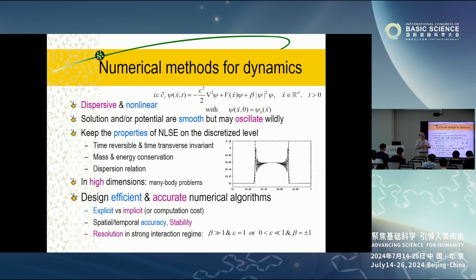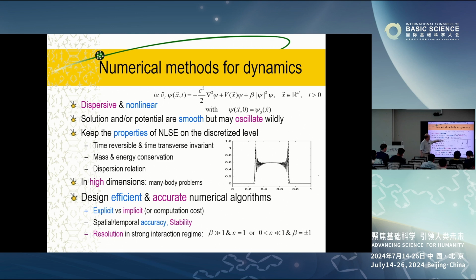To solve a dissipative system numerically, you can always add more dissipation, so it's stable and accurate. But for a dispersive one, if you add some dissipative term inside, you lose mass conservation or anything. Also, the solution and the potential V could be smooth, but also can be singular.